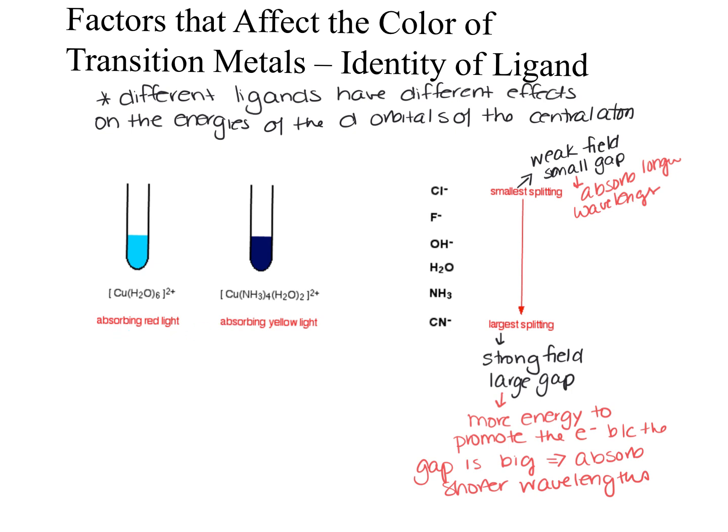So if it's just complexed with water here, and there's water there, and then we change it to ammonia here, and ammonia's there, we are going from a small splitting to a larger splitting.